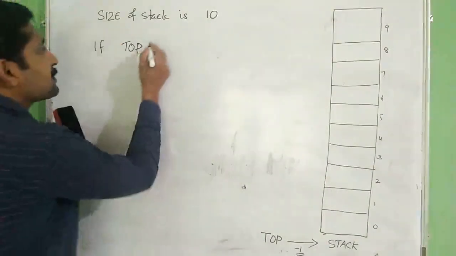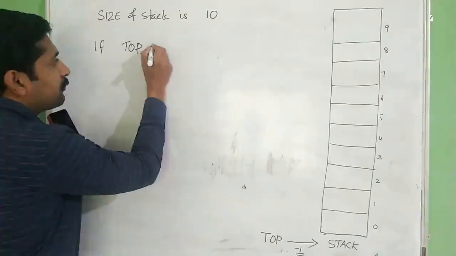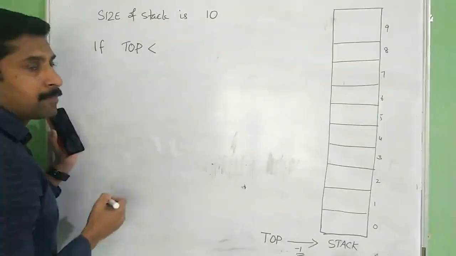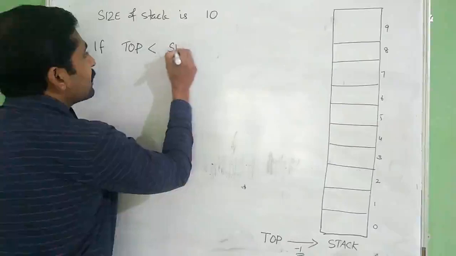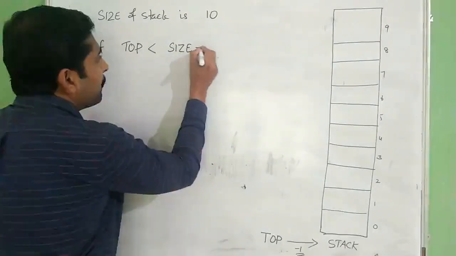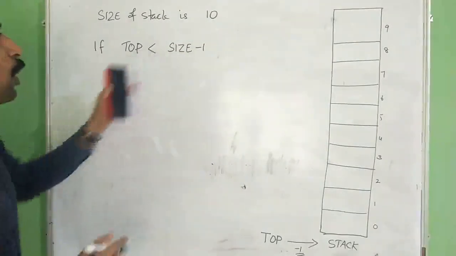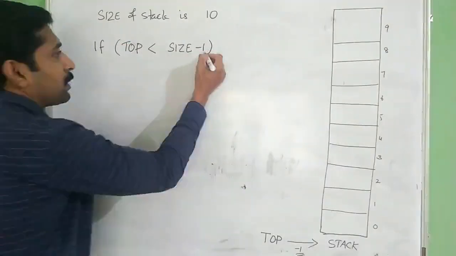So we can make a condition like this: if top is less than size - 1.